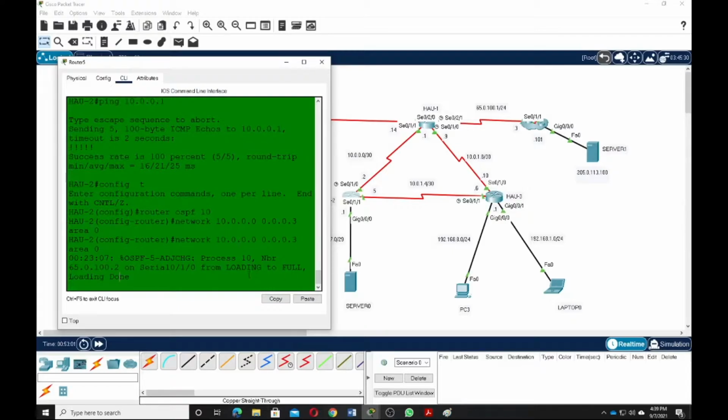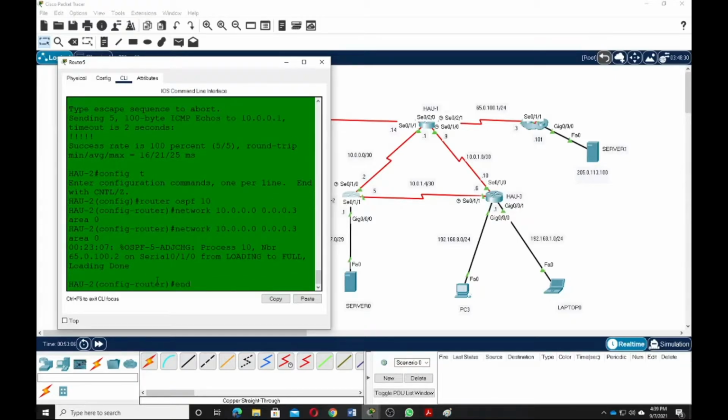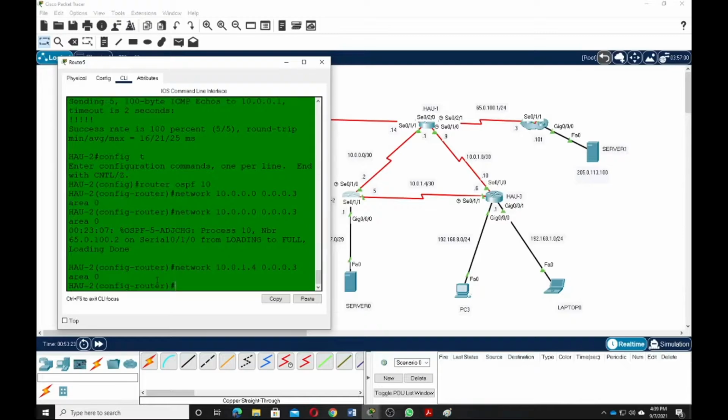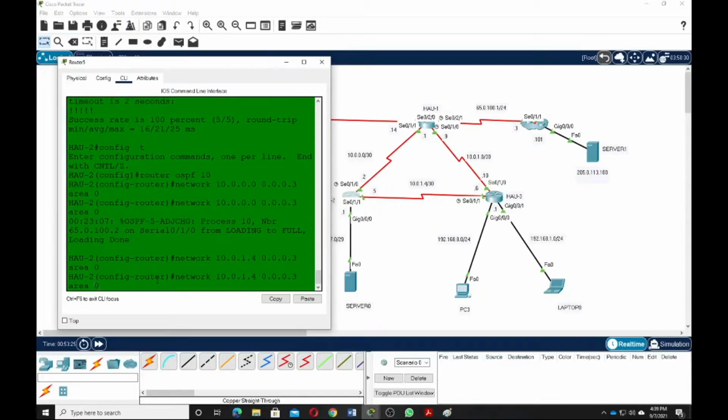So they are now establishing the neighbor relationship. We have 1.4, the same area 0, and then I have 1.8, and then gigabit 0/0.